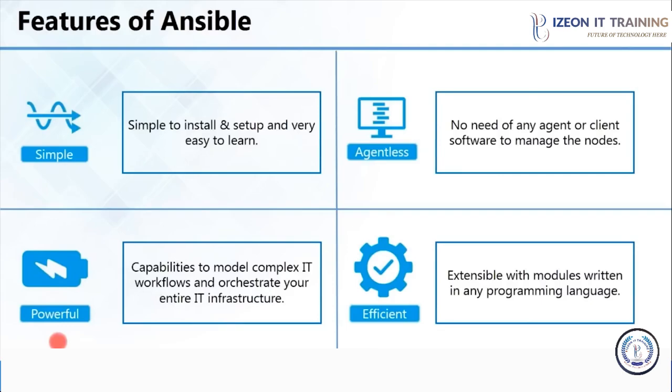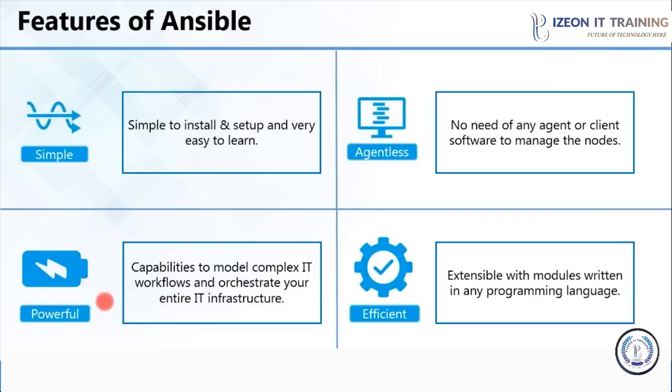The next feature is that it's very powerful. Even though you call Ansible simple and it does not require any agent, it has the capabilities to model very complex IT workflows. And it comes with a very interesting feature which is called batteries included. It means that you've got everything that you already need.